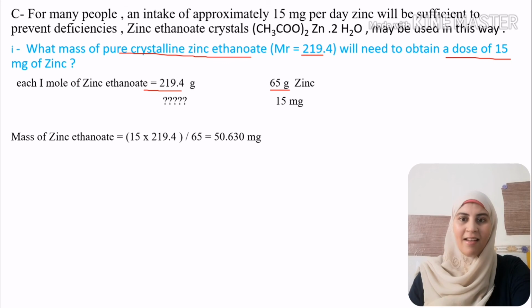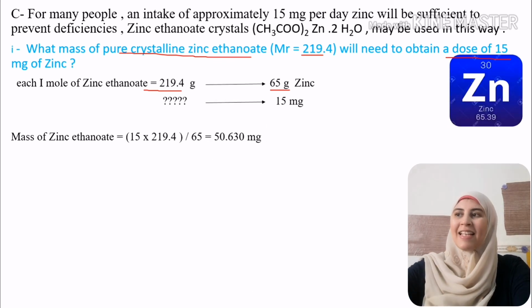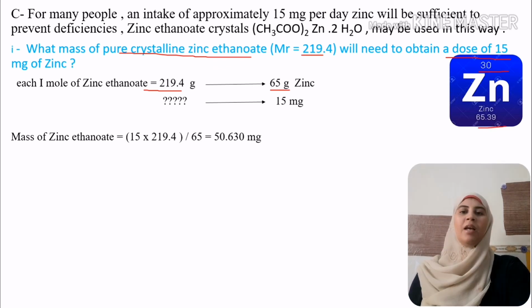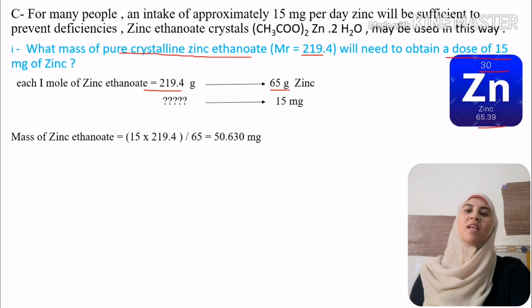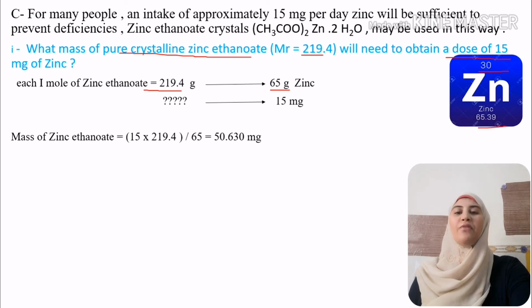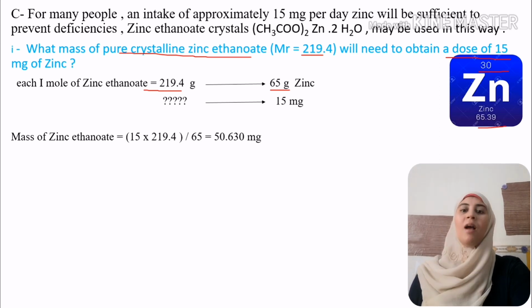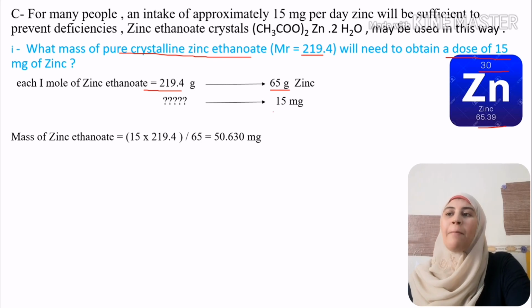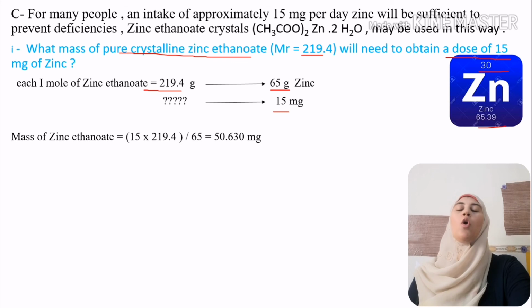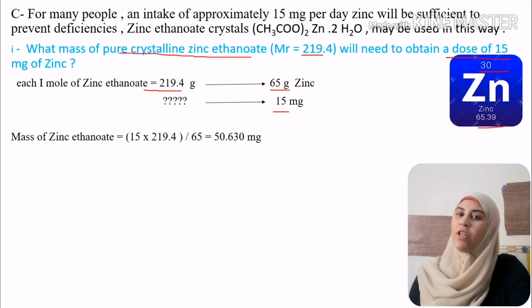Zinc, that is Zn, atomic number 30, and 65.39 is the relative atomic mass of zinc. So each 219.4 grams of zinc ethanoate contains 65 grams of zinc. I want to take 15 milligrams of zinc. How many milligrams of zinc ethanoate will I use?